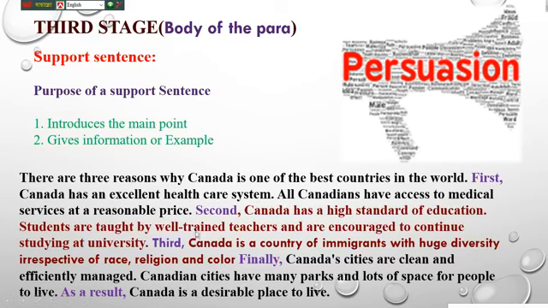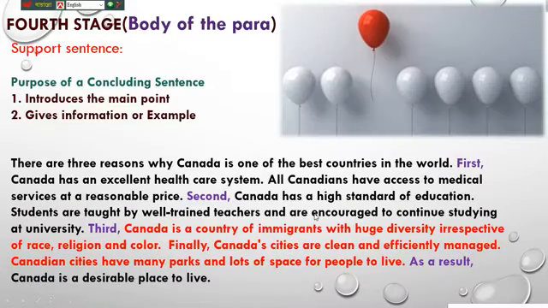So this is another supporting sentence that supports the topic sentence. You see, there are three reasons why Canada is one of the best countries in the world, right? And go for the fourth stage. This is also a supporting sentence, and it introduces the main point and gives information or example, right?